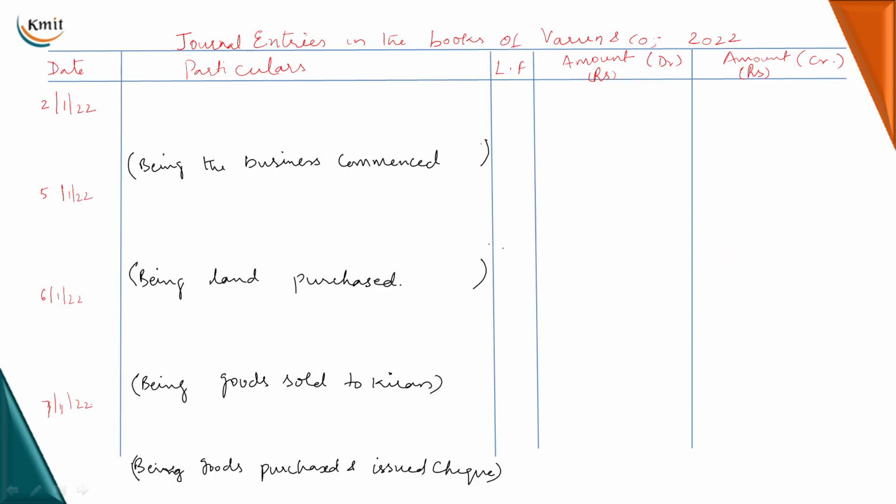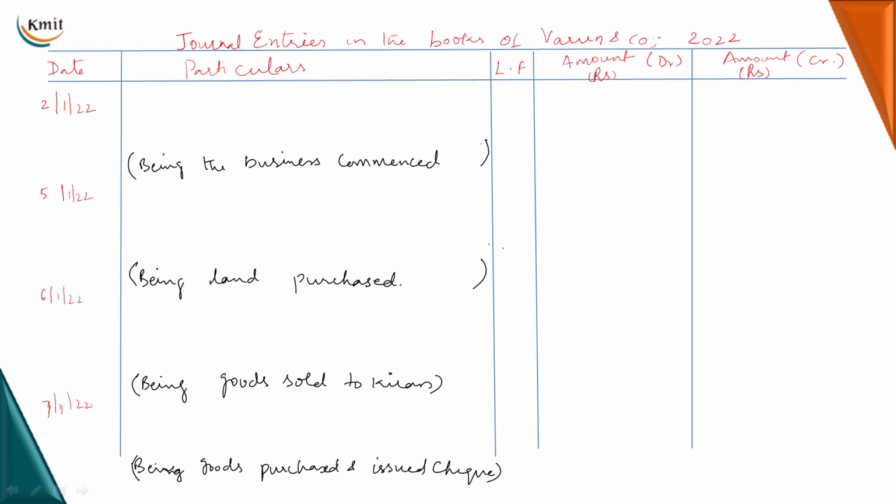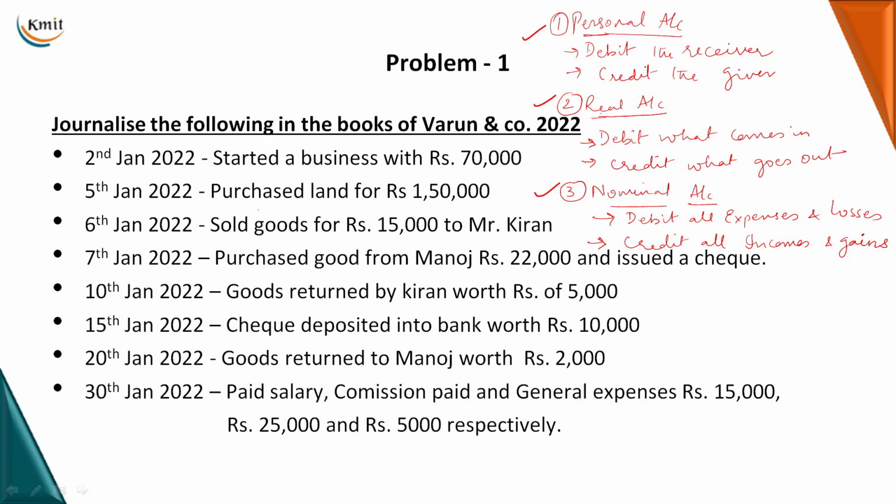So this is the format drawn for you, where we are going to pass the journal entries. Now we'll begin with the first one. First transaction, it is 2nd Jan 2022.